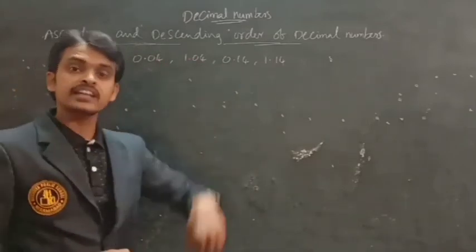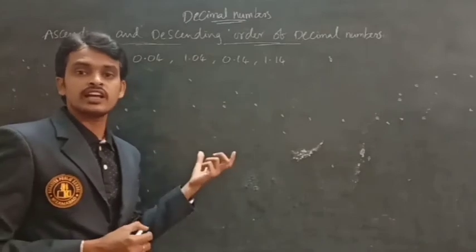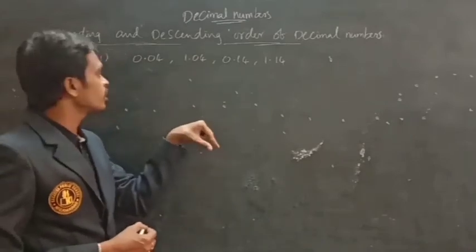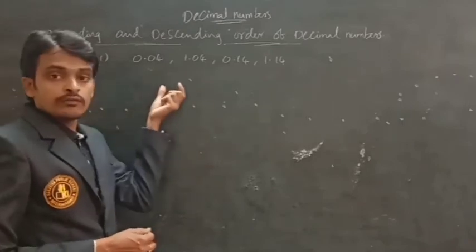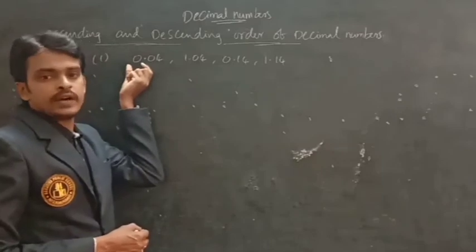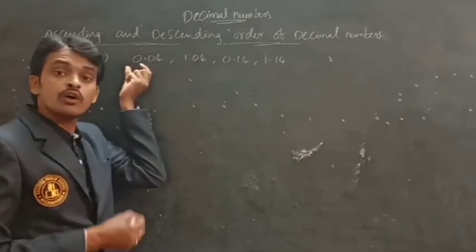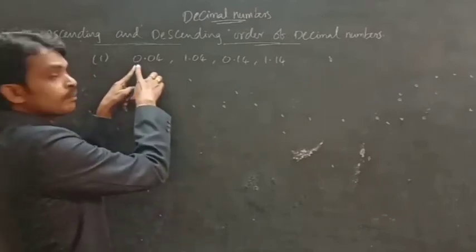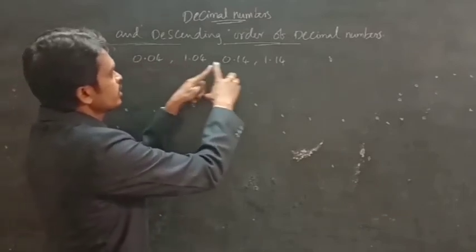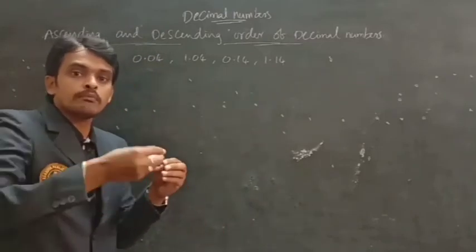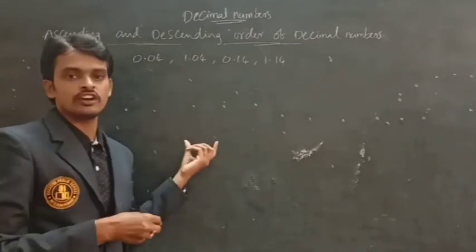After making like decimals, we will write the ascending order. Before writing ascending order, first we have to compare the whole number part. Here the whole number part is 0, here 1, here 0 and here 1. So by comparing the whole number part, we can write the ascending order.